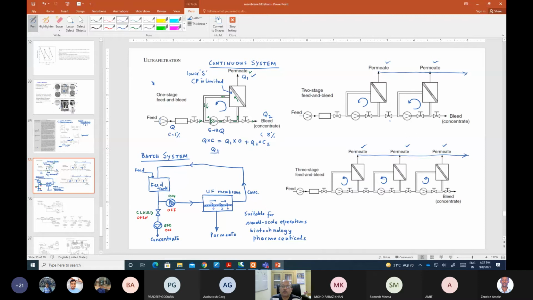Okay, and so you can see here, Q2 by Q is nothing but C over C2, right? And so you have here C equals 1%, and here it is 8%. So this is 1/8.